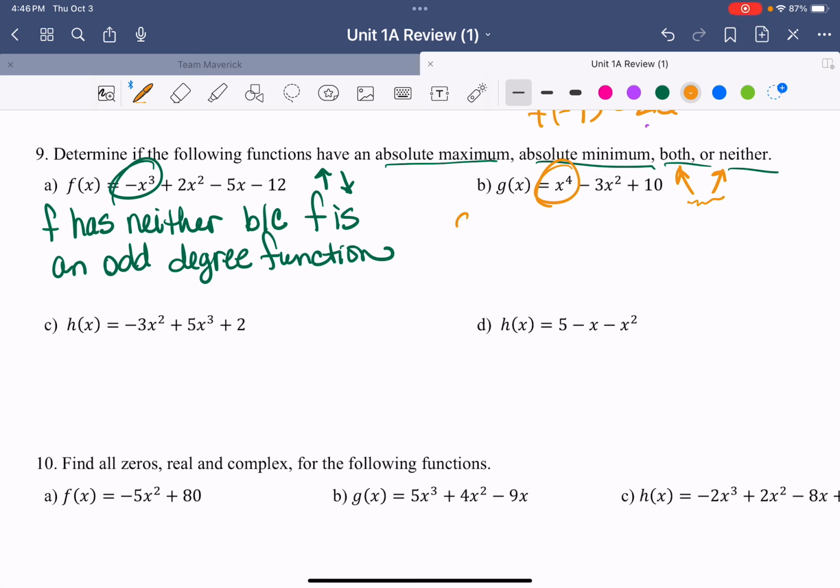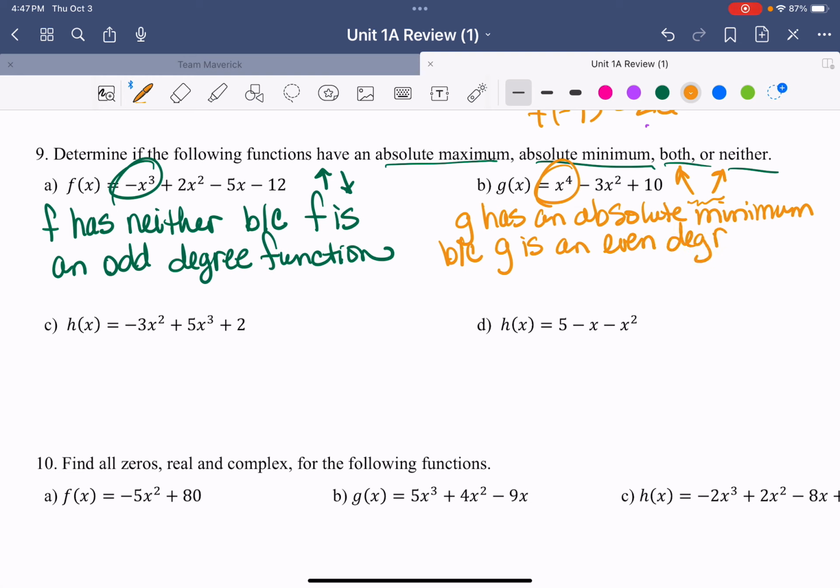So I can say G has an absolute minimum because G is an even degree function with a positive leading coefficient. Okay, you got to say something about the degree and the coefficient.